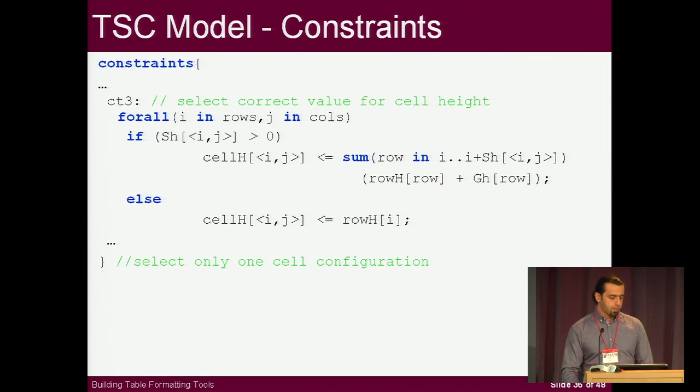To choose for each cell a height and a width, we have to make sure that they are less than the sum of the columns or row heights and the glue for each of those row heights or column widths. It's the same for column widths. The constraint for column widths is similar to the constraint for the cell heights as it's presented at the moment.